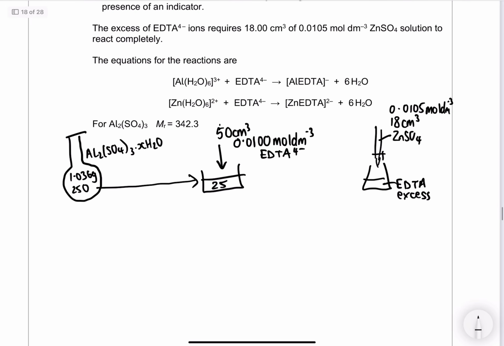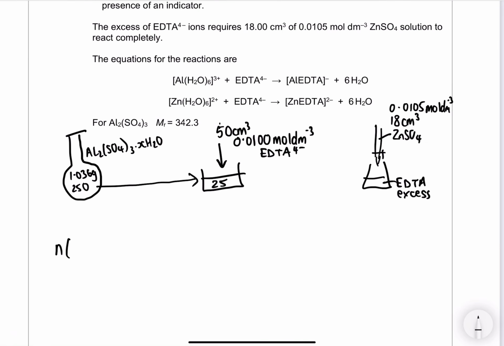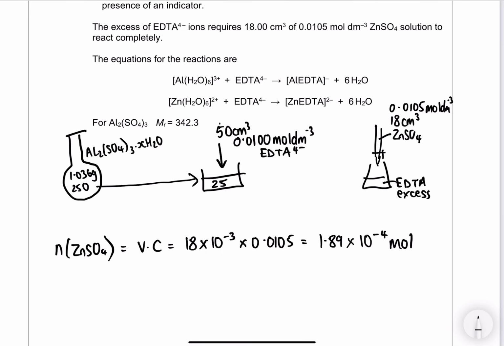So we're going to go step by step. We're going to start with how many moles of ZnSO4 we used. So V times C, 18 centimeters cubed into decimeters cubed times 0.0105 on our calculators. That's 1.89 times 10⁻⁴ moles.